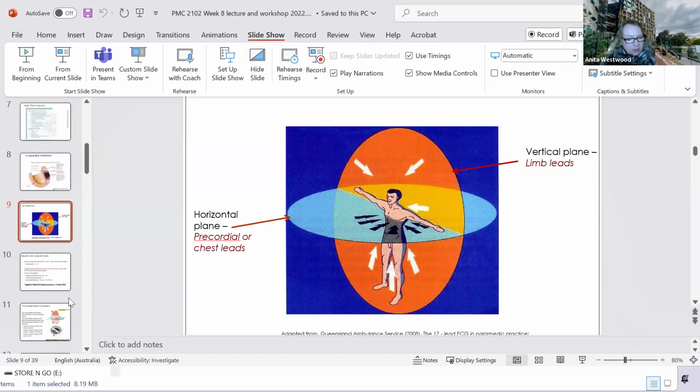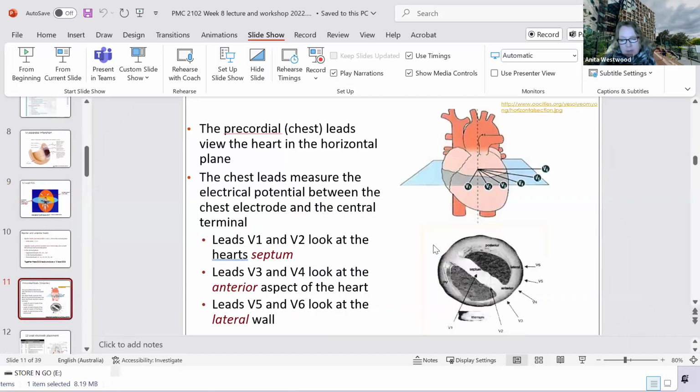The reason this is so important, and this is where Georgie's just put this picture, is that this is the horizontal plane for those V leads. These V leads are now looking at different aspects of the heart. The conduction's still going to go down to lead 2 as the main vector, or the main summation of the electrical output, but these afford us a different view of the heart.